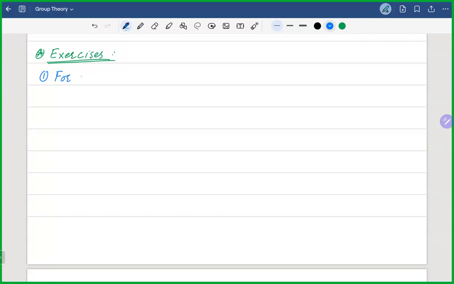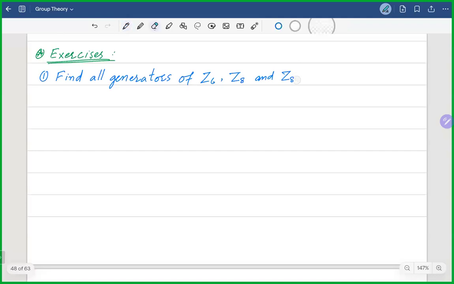For, find all generators of Z6, Z8, and Z20.